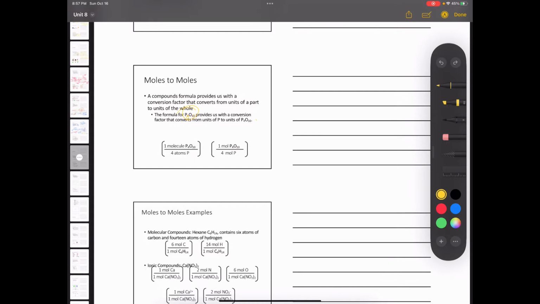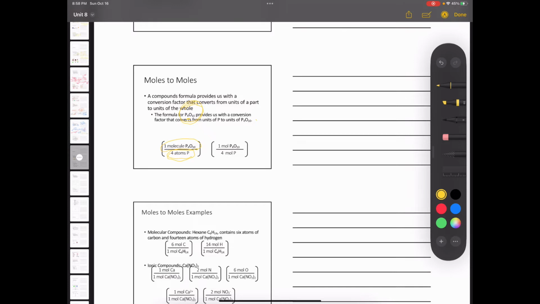So when I look at the phosphorus oxide, because I have the subscript of 4 for the phosphorus, that means there are 4 atoms of phosphorus in every single molecule of phosphorus oxide, right? I think that's pretty obvious because I have 4 phosphorus within the whole molecule of the phosphorus oxide.